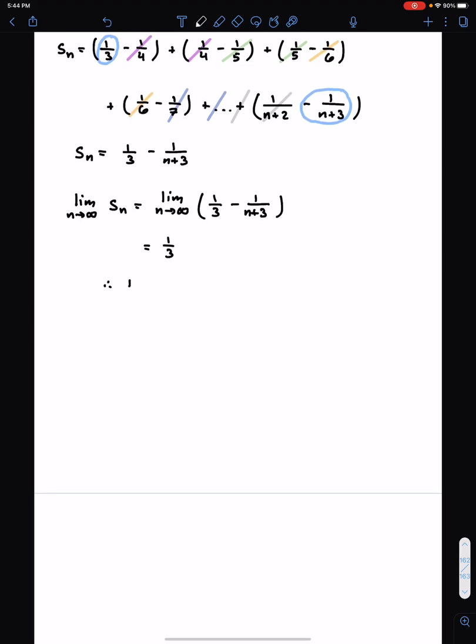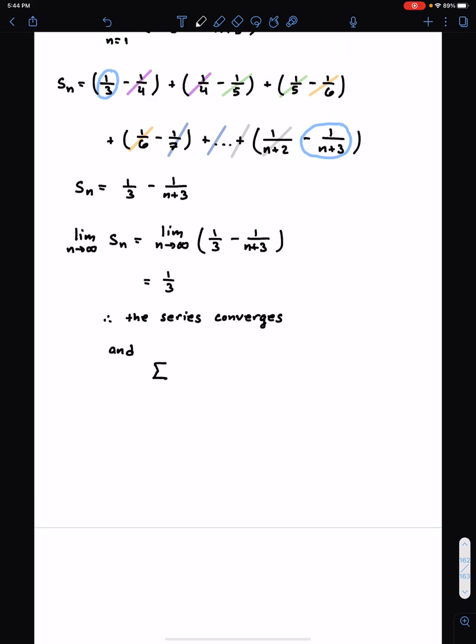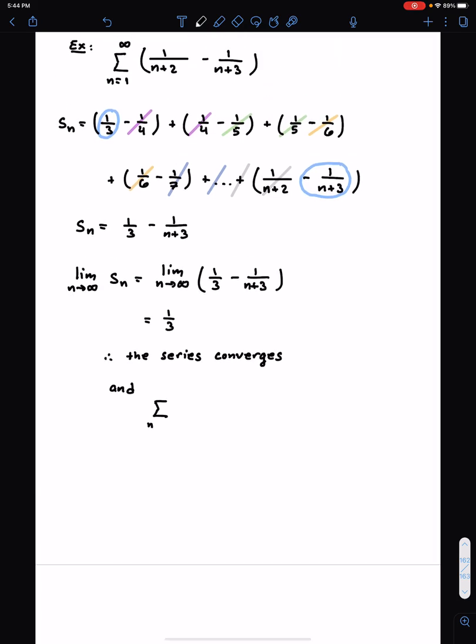So therefore, the series is convergent and the sum of the series, so the sum as n goes from 1 to infinity of 1 over n plus 2 minus 1 over n plus 3 is equal to 1/3.